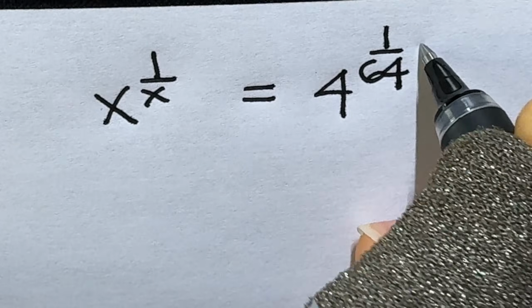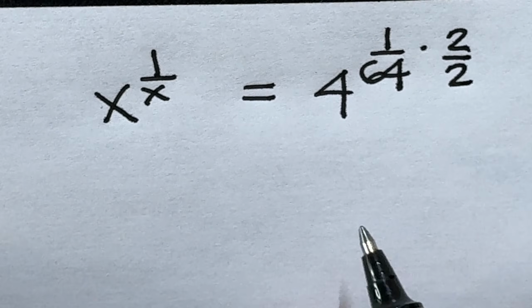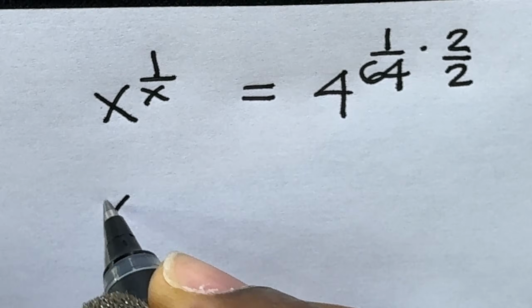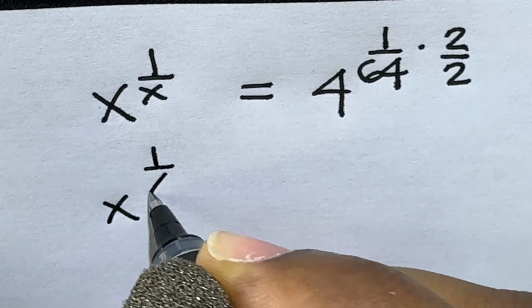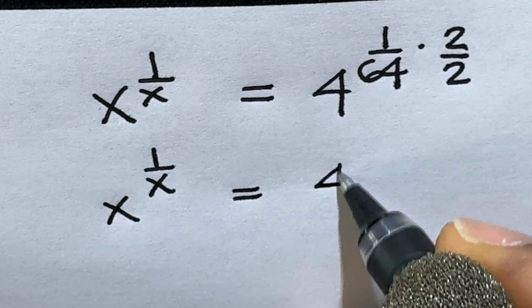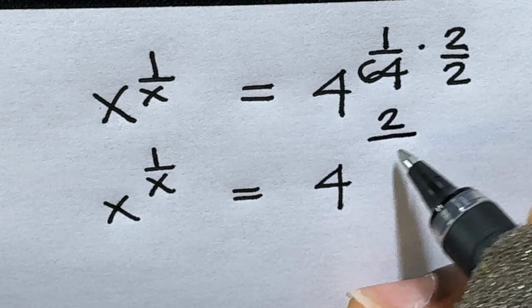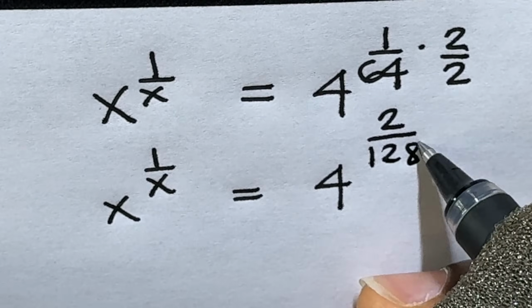Let us multiply again by 2 divided by 2. Then x raised to power 1 over x will be 4 raised to power 2 over 128.